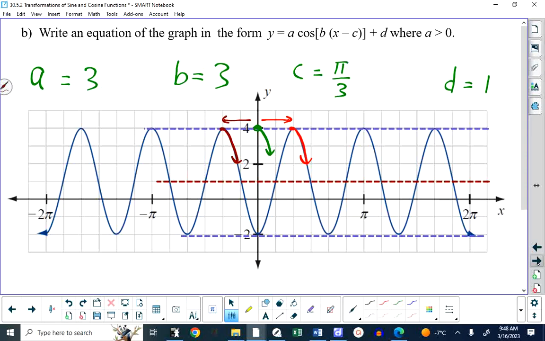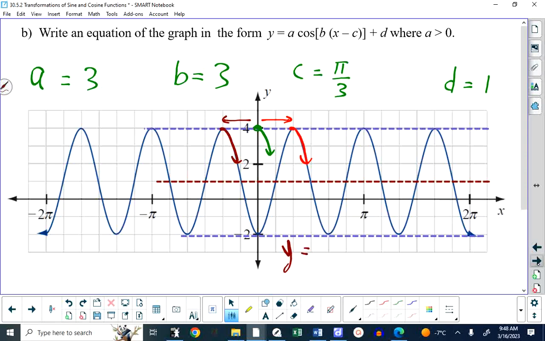And, you know, going back to the possibility of getting multiple equations, of course, if we were allowed to use a negative a, there's a third equation. These would all be the same graphs. So yes, it is plus or minus.